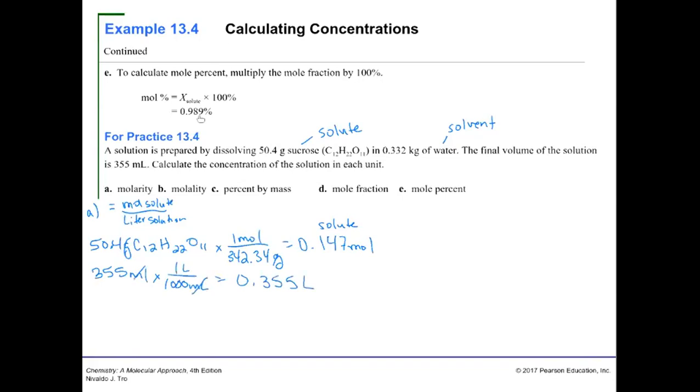Now we can go ahead and plug in for our molarity. We have our moles of the solute divided by our liters of the solution. It's 0.415 molar.